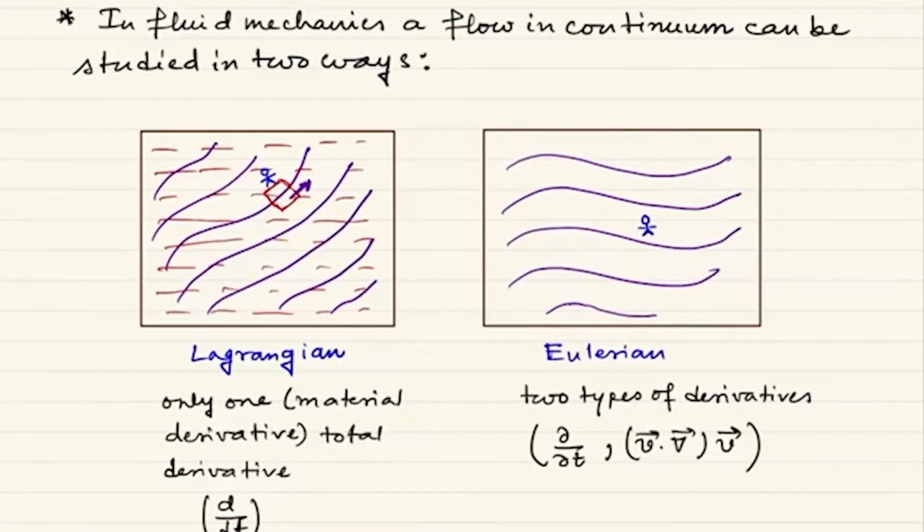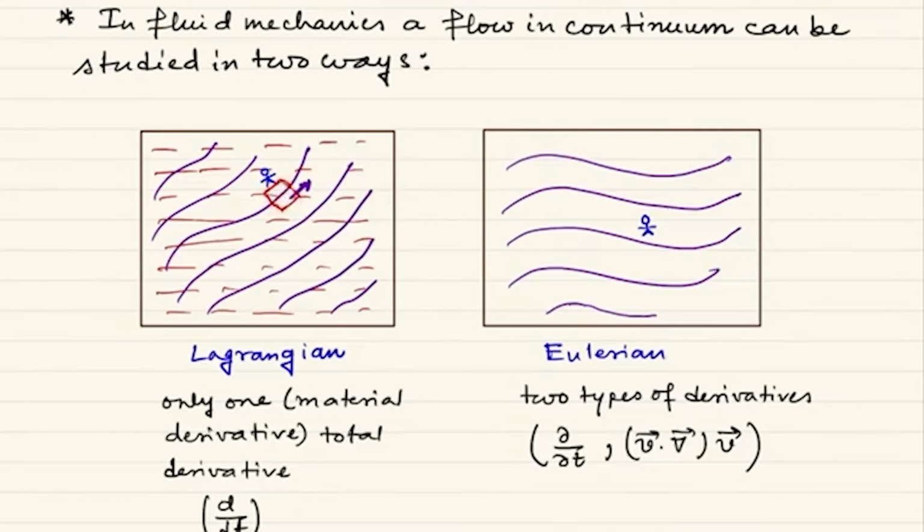So in fluid mechanics, a flow in continuum can be studied in these two following ways. The first one is called the Lagrangian view. That means we just assume a very small fluid particle type of thing inside a blob of fluid in a flow.